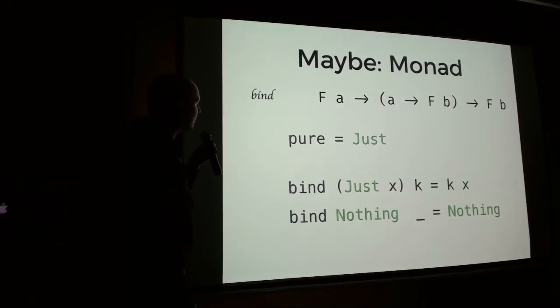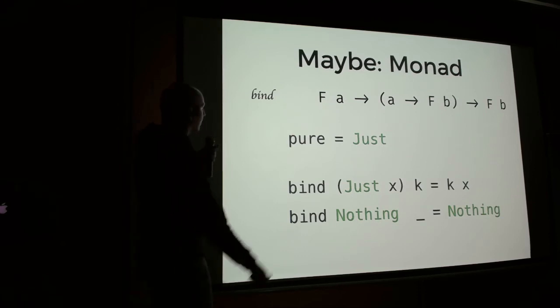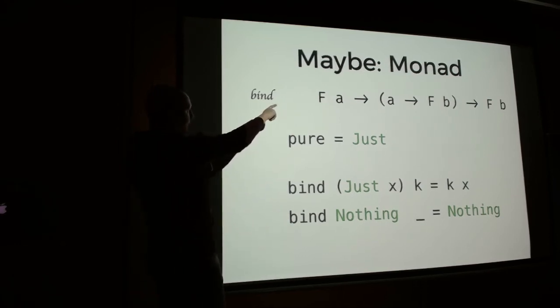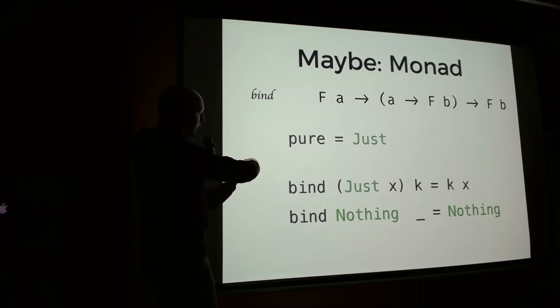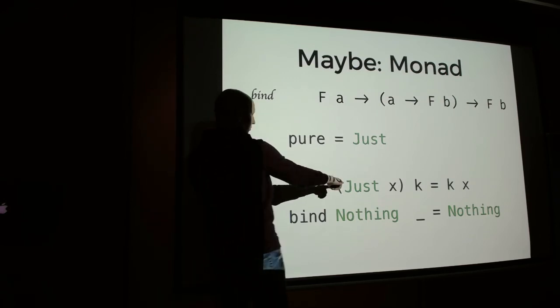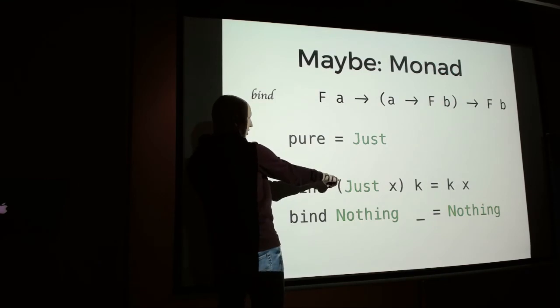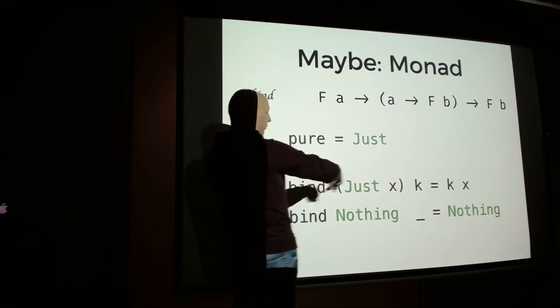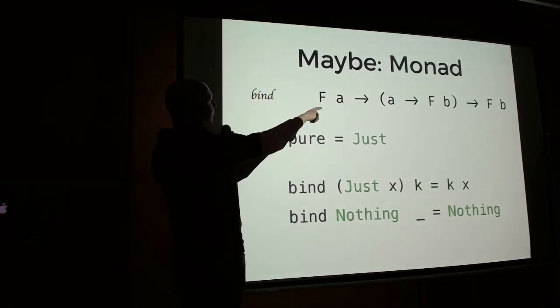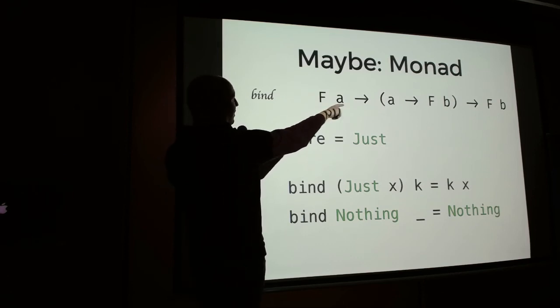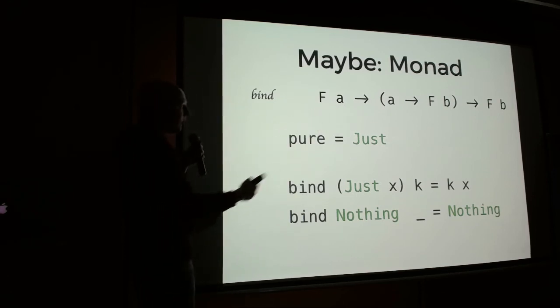And bind is also pretty simple. If you just have a look at the signature of bind, you handle the case with just, and some function that is supposed to produce another maybe. You see this function from A to FB there. F is maybe.